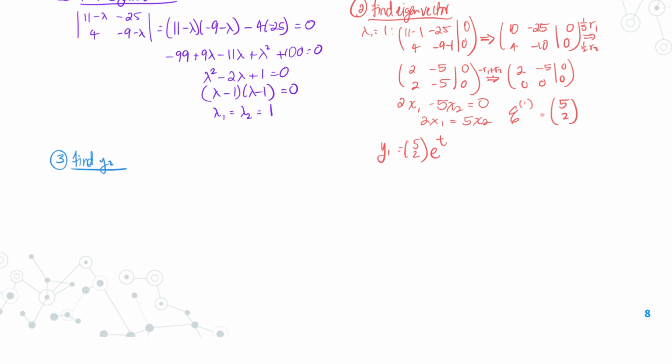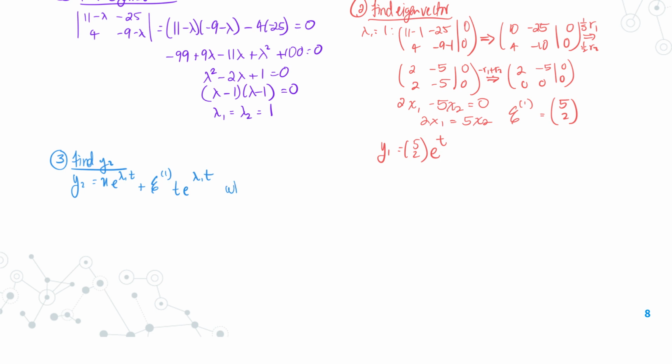All right, so what we know is that we can find y2 using that theorem that we just looked at that said it is u e to the lambda 1t plus our eigenvector, right, times t e to our eigenvalue times t, right?